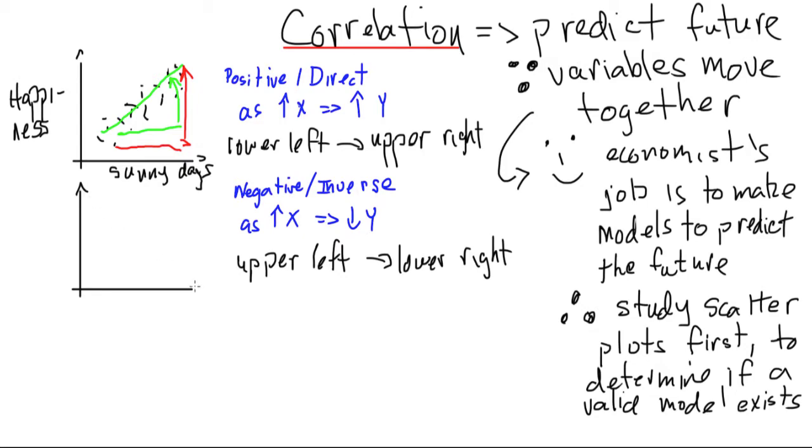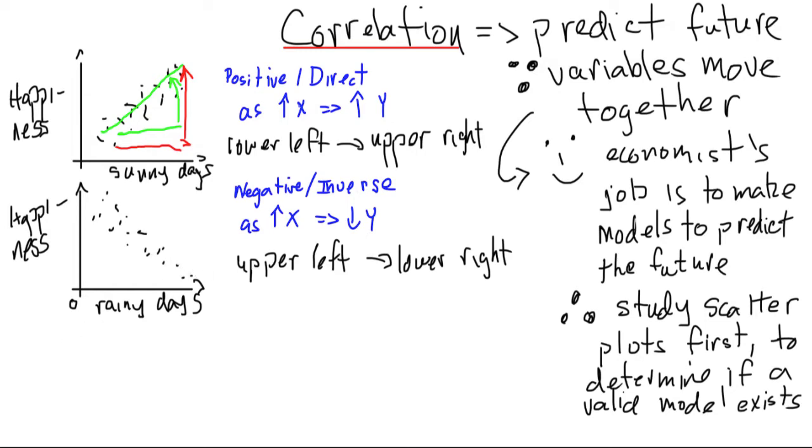My inversely correlated relationship is between rainy days and happiness. Generally, the more rainy days there are, the less happy people are.